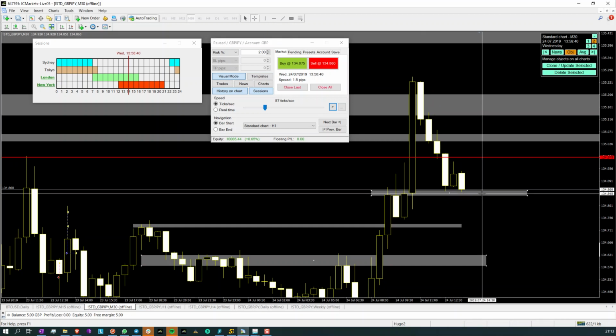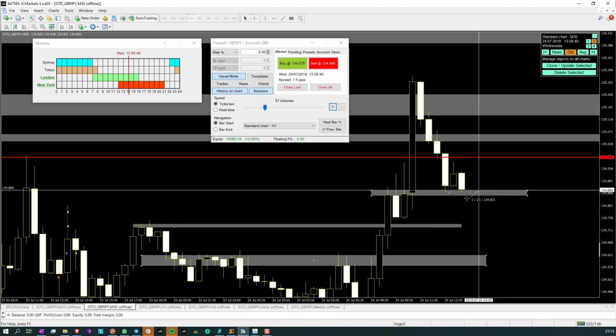We have some room. That's 10 pips. It's enough to break even the trade, like a 12 pip stop, something like that, or even less. Yeah, 11 pips suits me better.